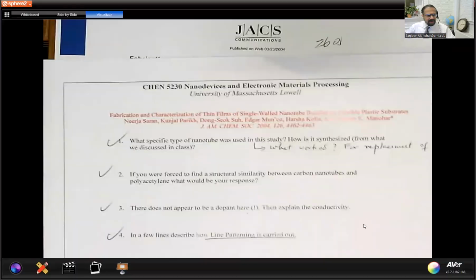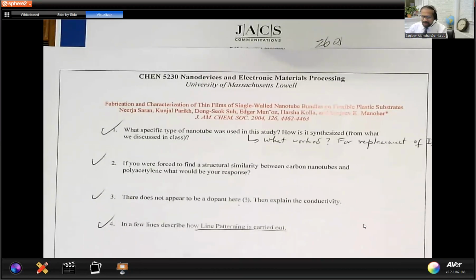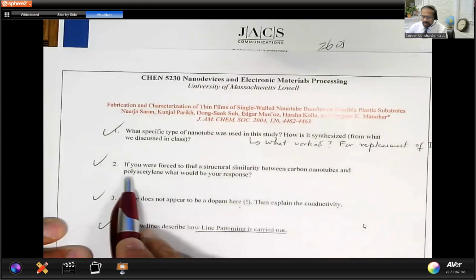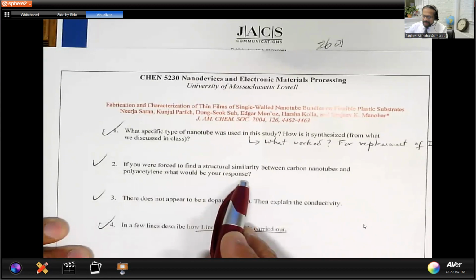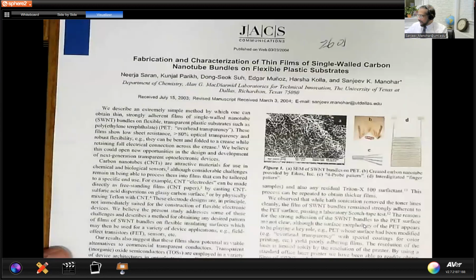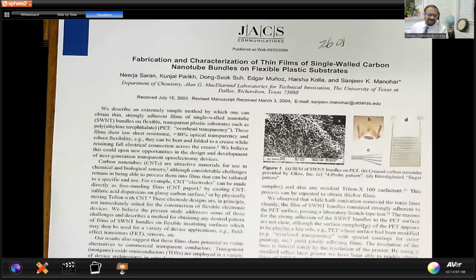Question number 2. If you were forced to find a structural similarity between nanotubes and polyacetylene, what would be your response? So the idea we are asking you is, carbon nanotubes, right?